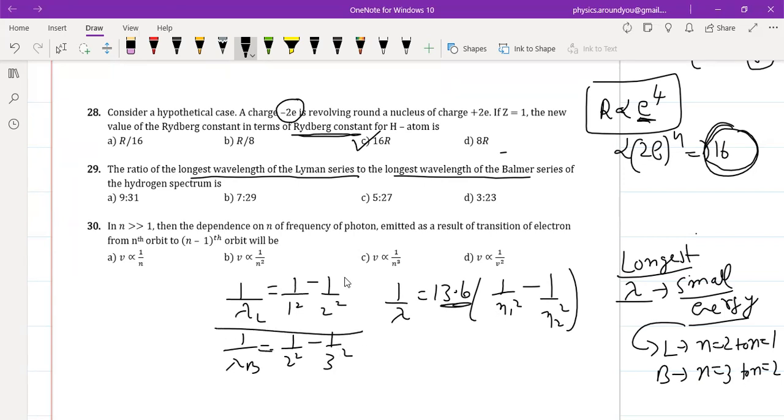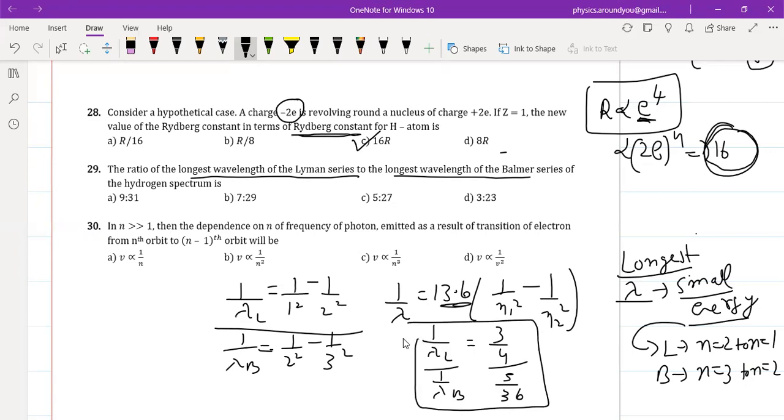What is 1 by 1 square minus 1 by 2 square? 1 minus 1 by 4 is 3 by 4. So 1 by lambda L by 1 by lambda B is equal to 3 by 4 by 1 by 4 minus 1 by 9, which is 5 by 36. I take the ratios now, right?